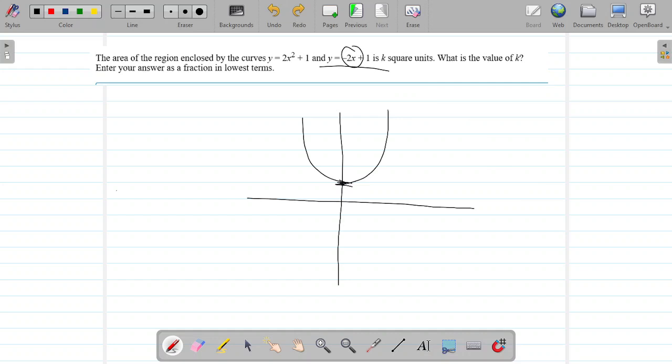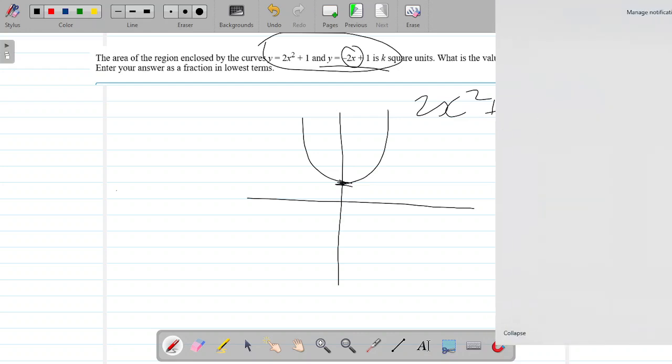Okay. So let's find where it intersects this curve. What we do is we make these equations equal to get the intersection points. So we do x squared plus 1 equals negative 2x plus 1.